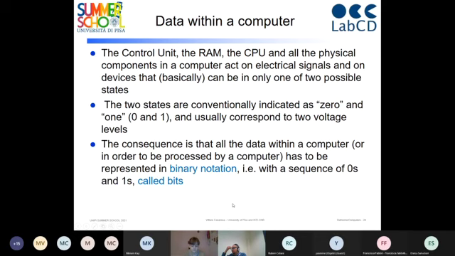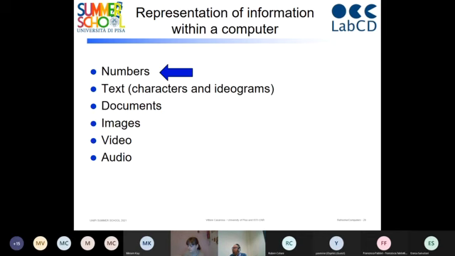So our interest in what is inside the computers really starts with the notion that the information in the computer is based on sequences of zeros and ones. And so the next question is, how can we represent all the information, numbers, text, documents, images, video, audio, with zeros and ones?